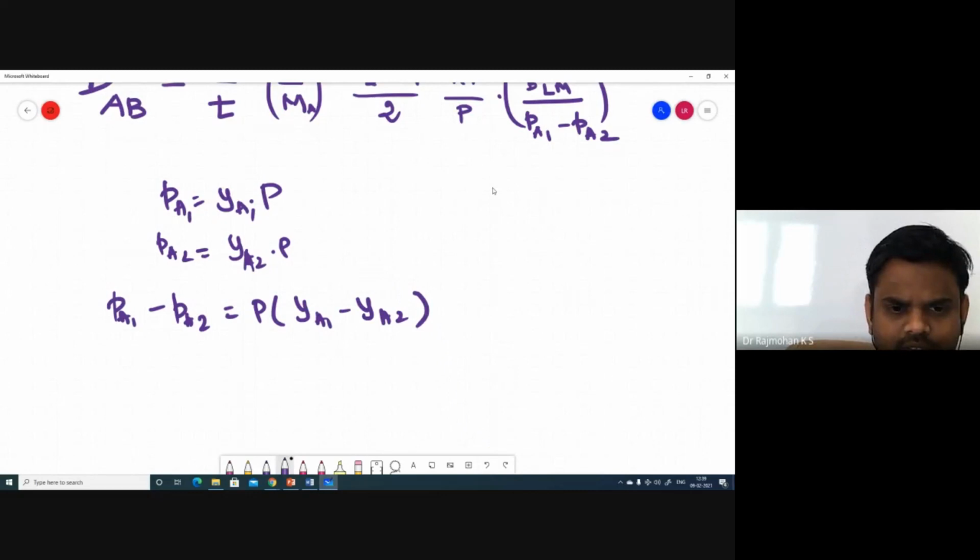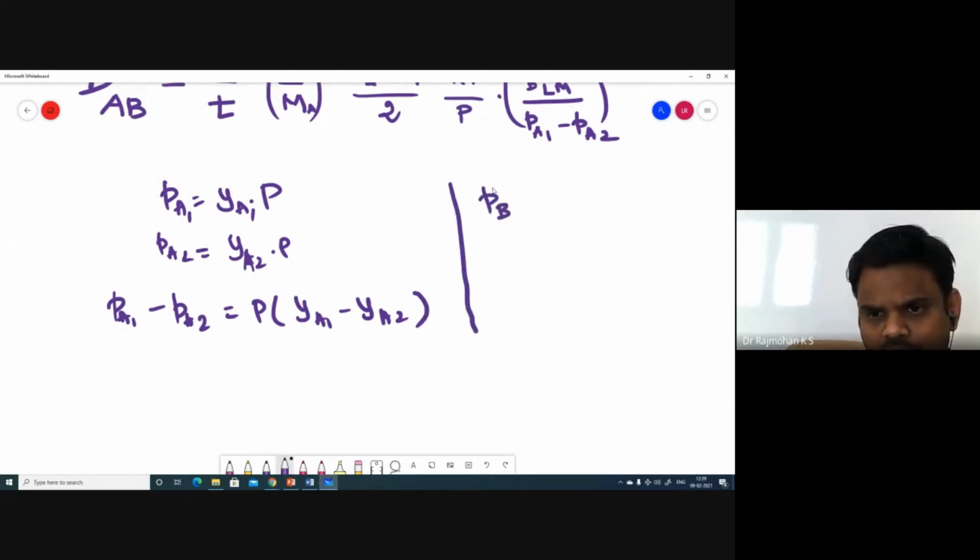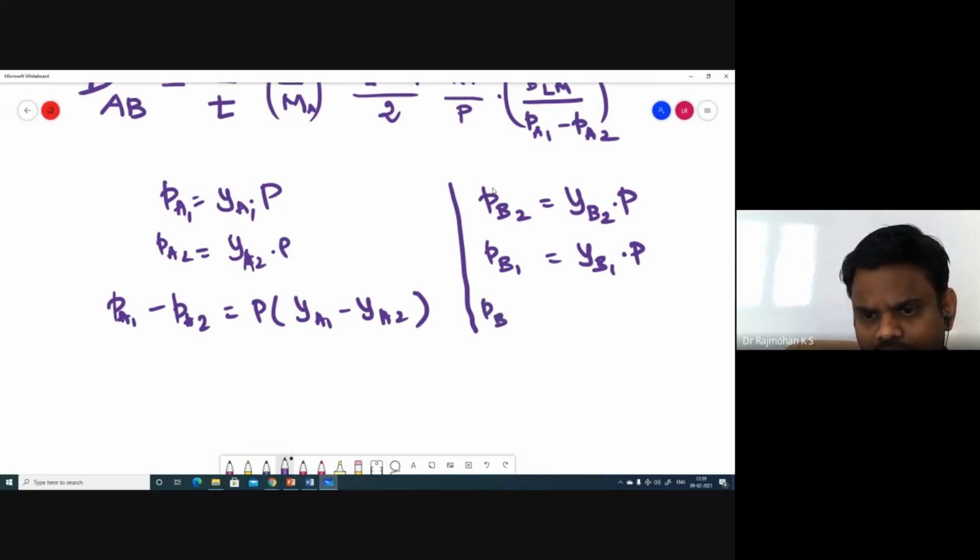Similarly, what will happen to PB? PB2 is equal to YB2 into total pressure, and PB1 equals YB1 into total pressure. Then what is PB2 minus PB1?